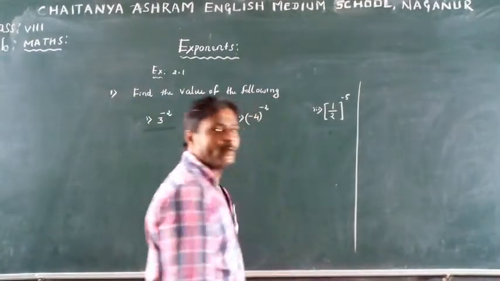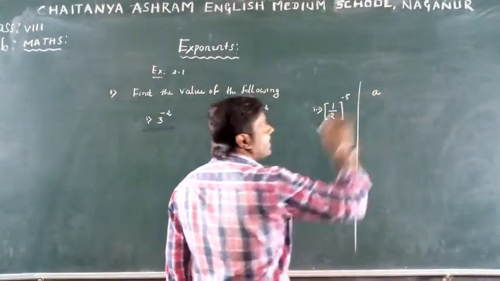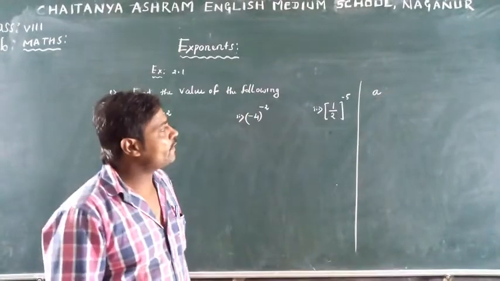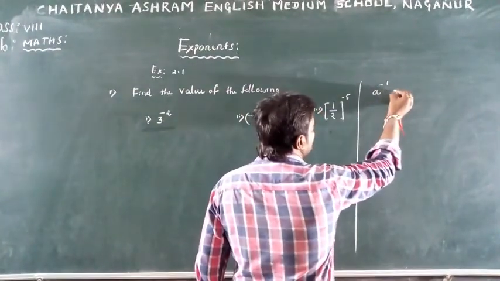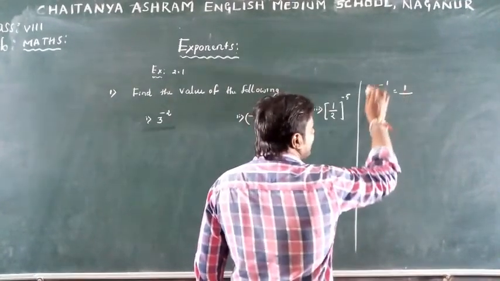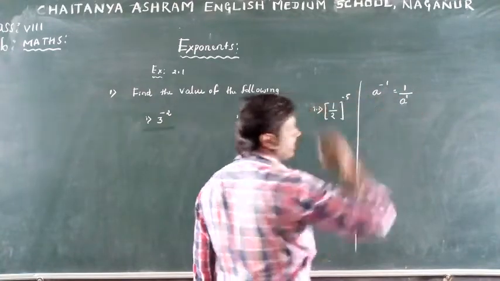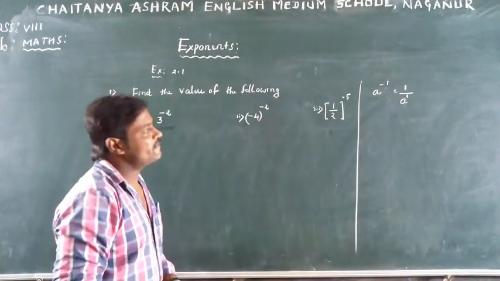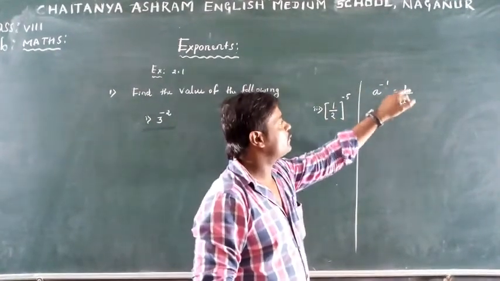Recall the previous video: a, any integer not equal to 0, raised to the power -1 equals 1 divided by a, writing the same base in the denominator with positive power. So this is the conversion of negative exponent to positive exponent.